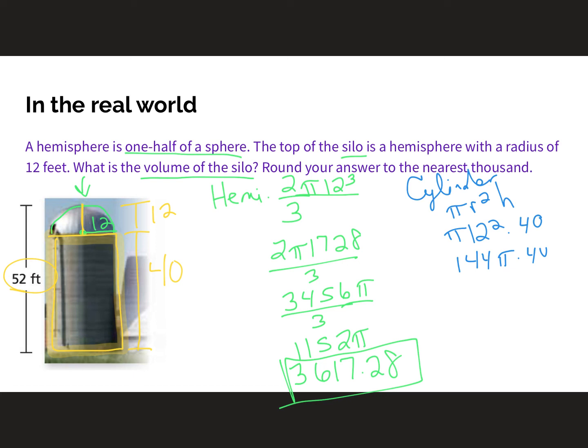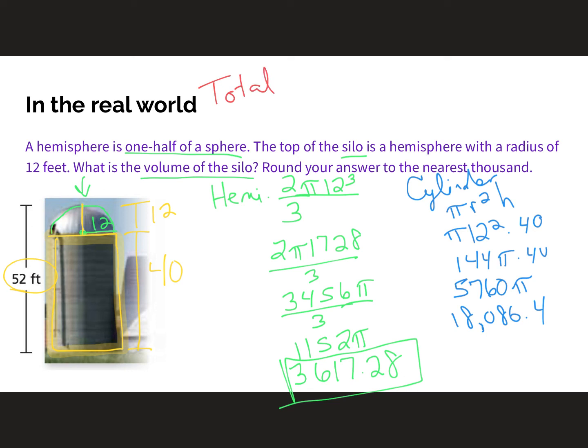So 144 times 40 gives me 5,760 times pi. When I multiply that times 3.14, gives me 18,086.4. Now I'm just going to add those to get my total.